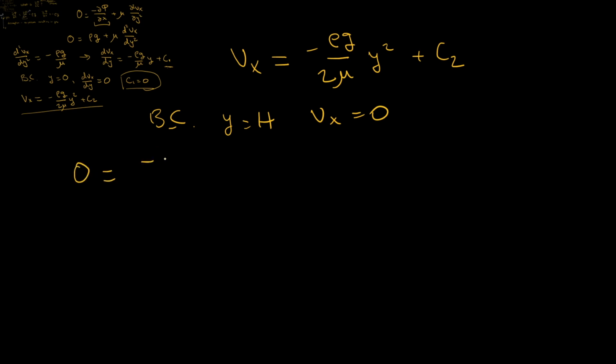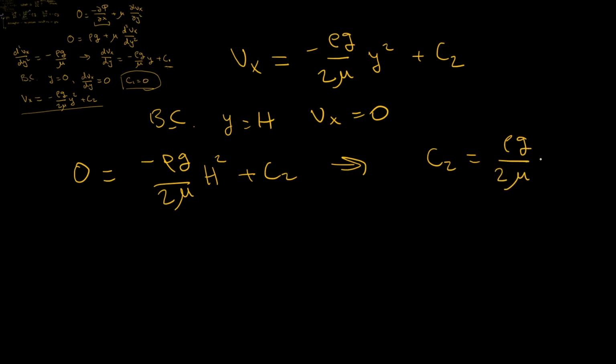So we can plug that in. 0 is equal to rho g over 2 mu h squared plus c2. And so this is easy enough to solve. Our c2 is equal to rho g over 2 mu h squared. And now we just have to substitute this in.